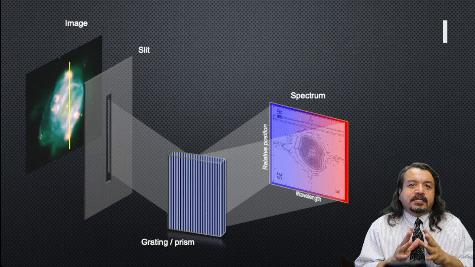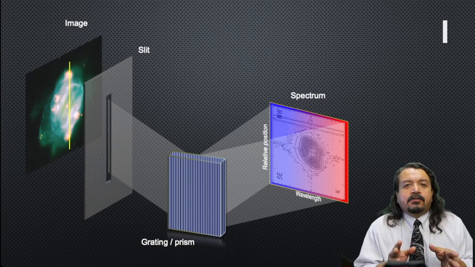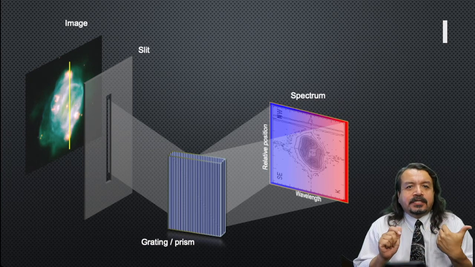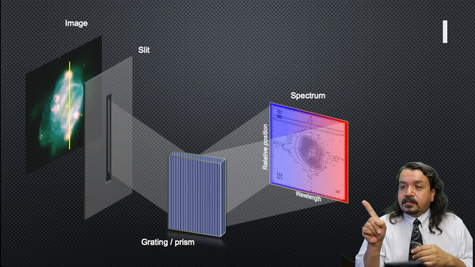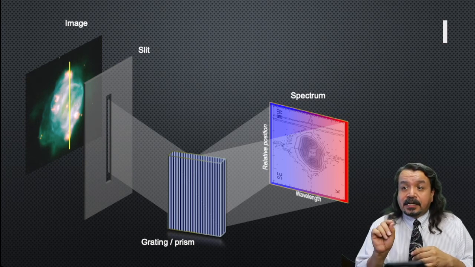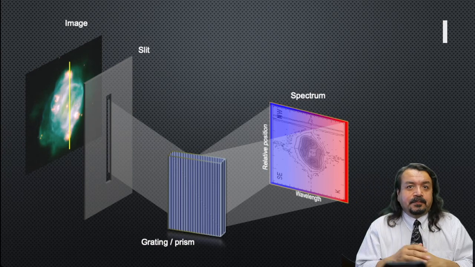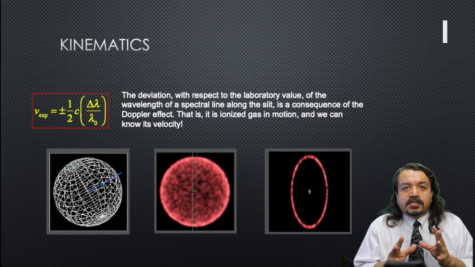So instead of looking at the entire visible spectrum, we focus on a particular line and see how the Doppler effect warps it along the slit. With this knowledge, now we can interpret the kinematics and obtain the three-dimensional structure of the gas. You see in the picture, this is a spectral line, but it is split to the red and to the blue. For example, here we make an artificial nebula.